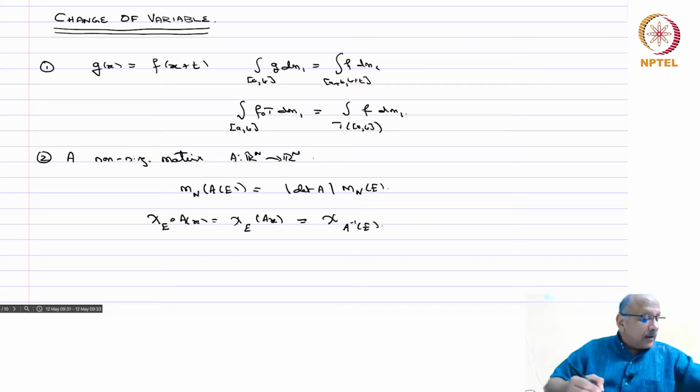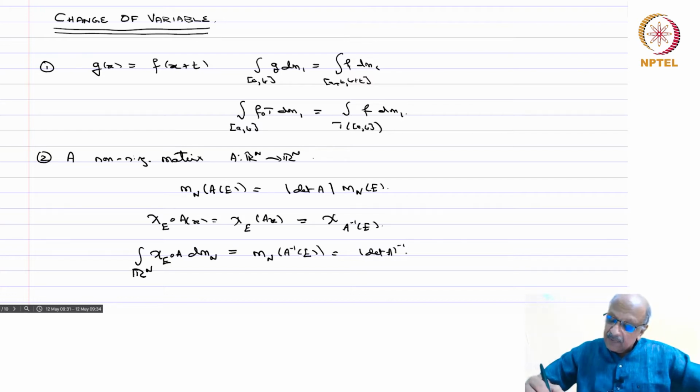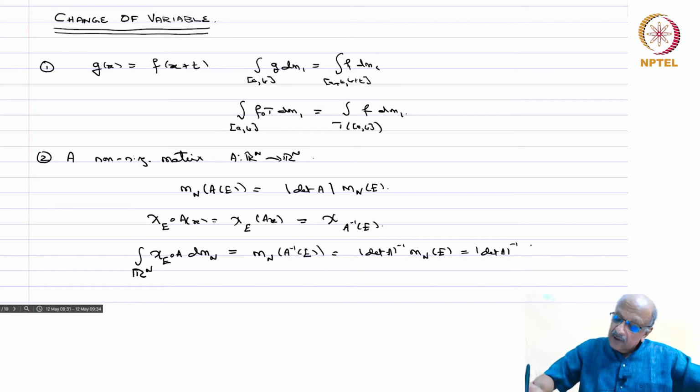Okay, and therefore the integral over Rn of chi_E composed with A dmn is nothing but mn of A inverse of E, which is mod determinant of A inverse times mn of E, which is equal to mod determinant of A inverse times the integral of chi_E dmn over Rn.